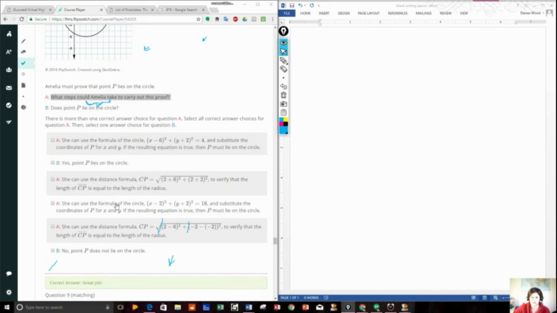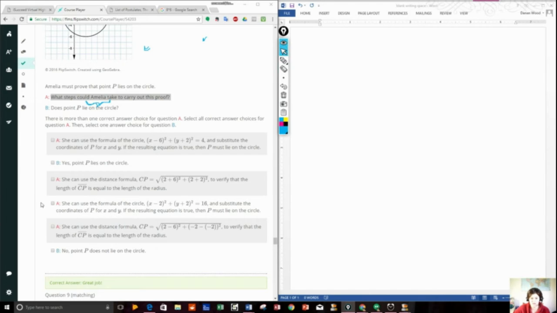This one, she can use the formula of the circle and substitute the coordinates of P for x and y. If the resulting equation is true, then P must lie on the circle. That could also be an option.